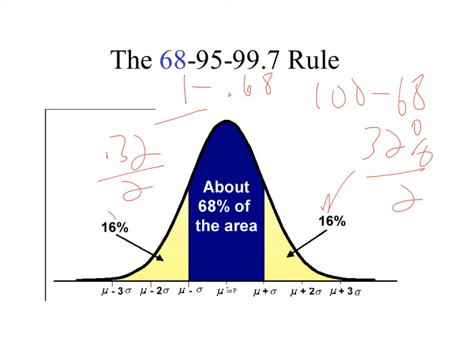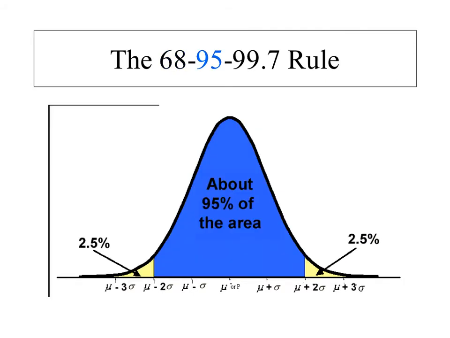So if I were to ask you what percent of a normal distribution will fall more than 1 standard deviation below the mean, you're going to say 16%. Or more than 1 standard deviation above the mean? Same answer, 16%. Nice thing about symmetric distributions.